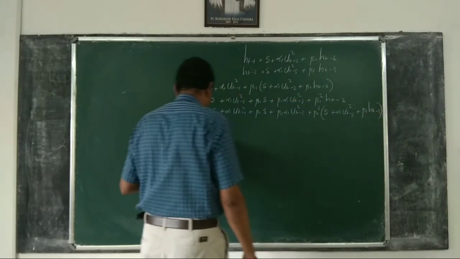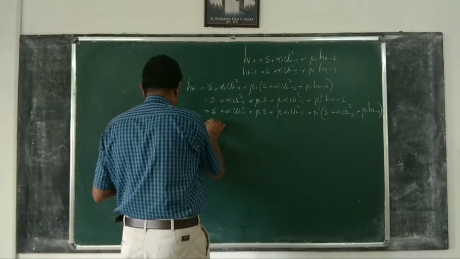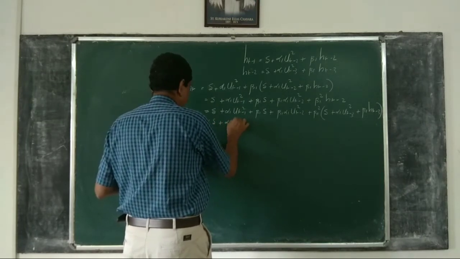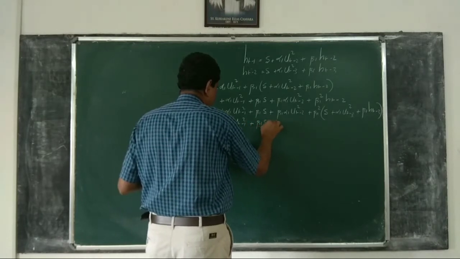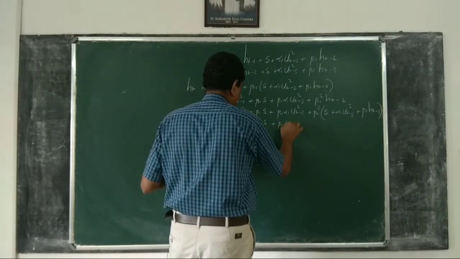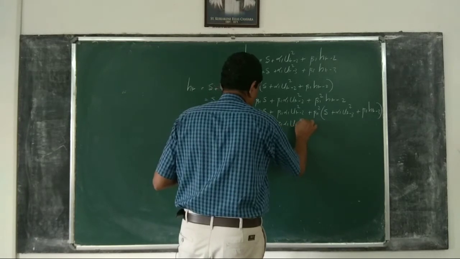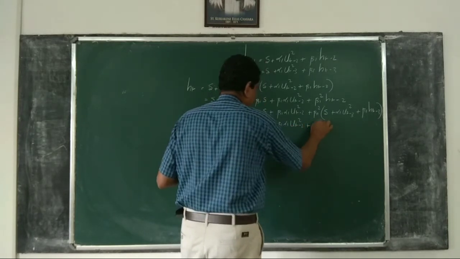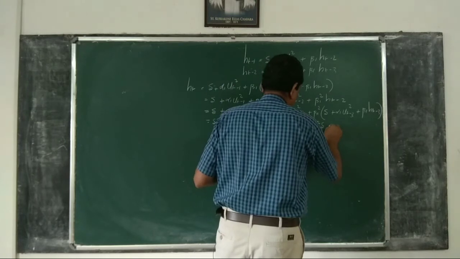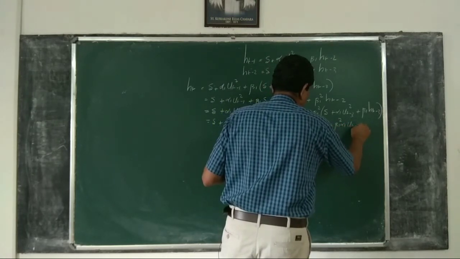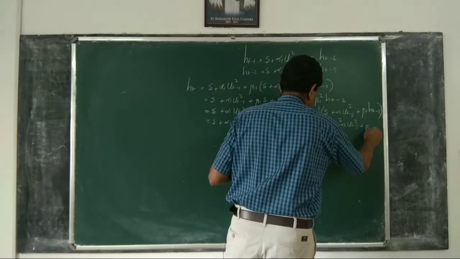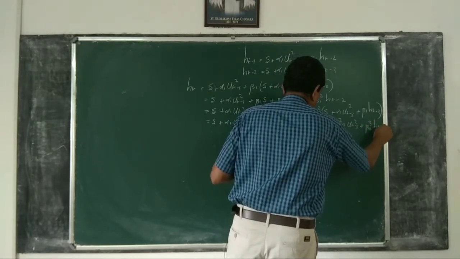So h_t is equal to delta plus alpha 1 u_{t-1} squared plus beta 1 delta plus beta 1 alpha 1 u_{t-2} squared plus beta 1 squared delta plus beta 1 squared alpha 1 u_{t-3} squared plus beta 1 cubed h_{t-3}.